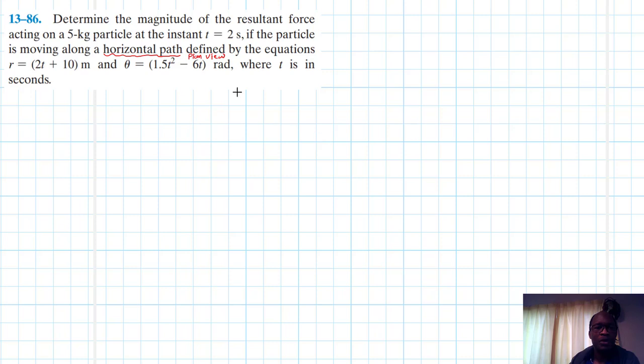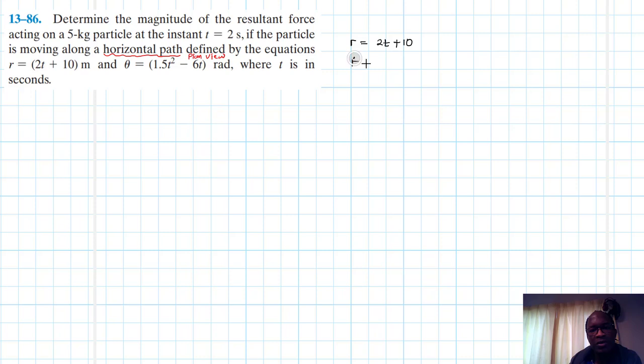So straight away, we'll start working it out. We have r, which is just a linear function of t, and theta is a quadratic function. Let's find the inputs that we're going to use to calculate Fr as well as F theta.